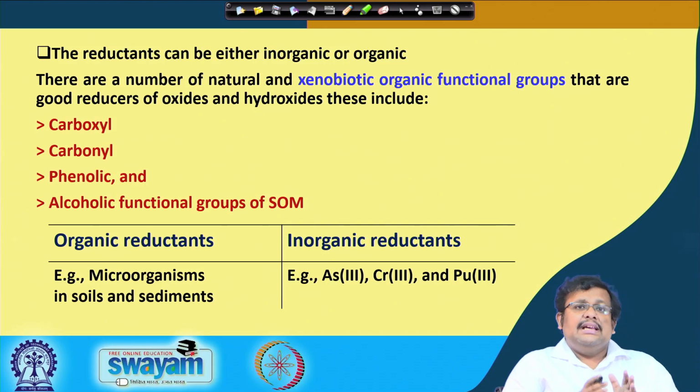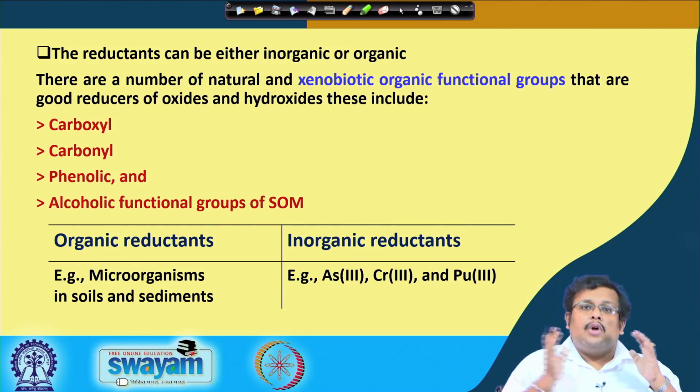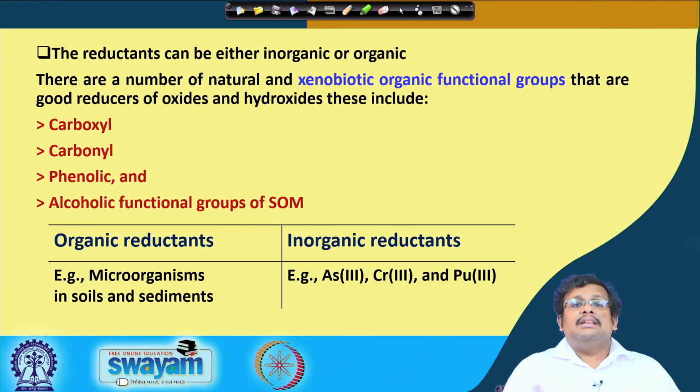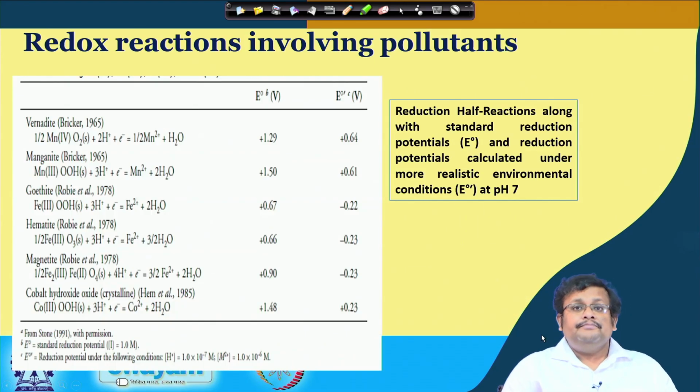So, there are two types of reductant, organic and inorganic. In case of organic reductants, the microorganisms in the soils and sediments are one example. As far as the inorganic reductants are concerned, you will see arsenide, then chromium 3 plus and then plutonium 3 plus.